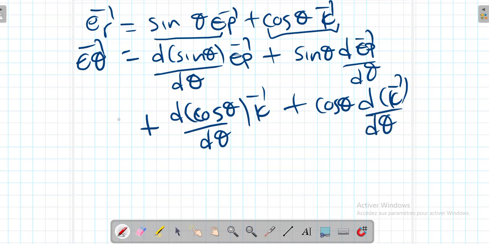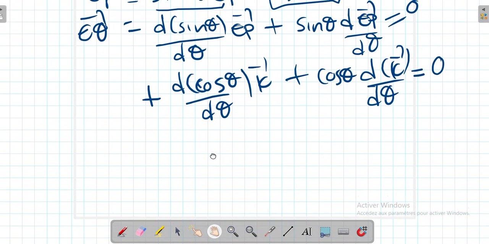Now, here's an interesting thing to know. We said that E rho is not changing with theta. Therefore, the derivative of E rho with respect to theta is going to be 0. And k is part of the fixed basis system. Therefore, the derivative of k with respect to anything is 0.